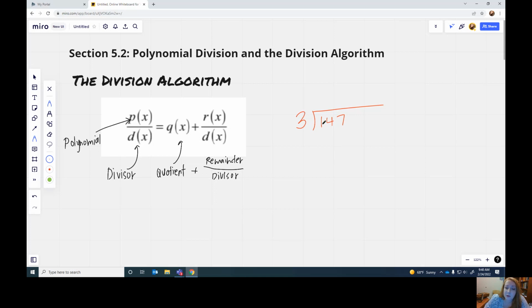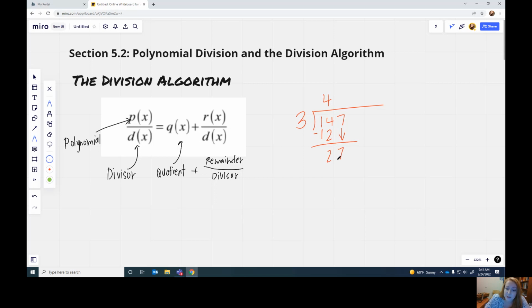How many times does 3 go into 1? 3 does not go into 1, so we go to the next number. How many times does 3 go into 14? 3 goes into 14 4 times. Times 3 is 12. Do you remember what we do at this point? We subtract. 14 minus 12 is 2. Then we drop down our next number, which is 7.